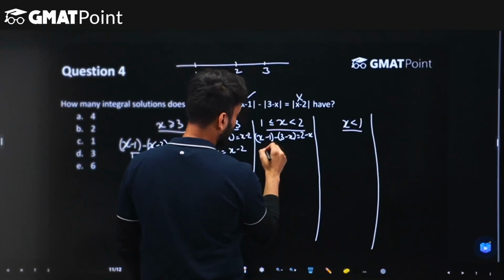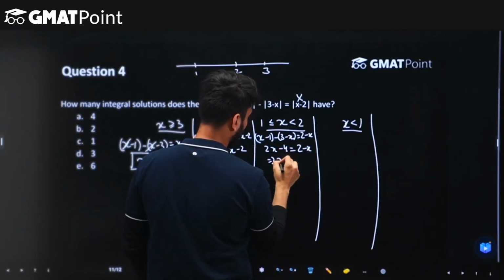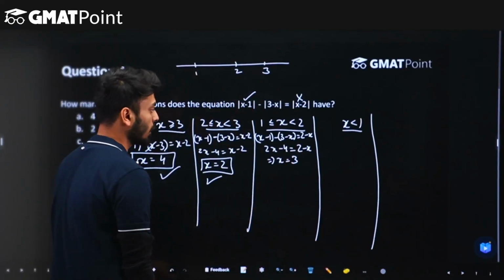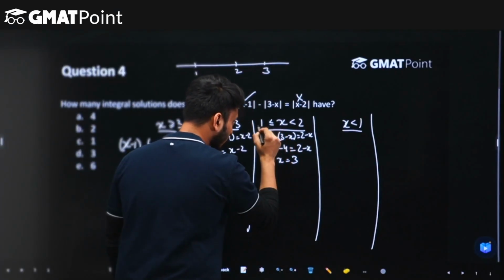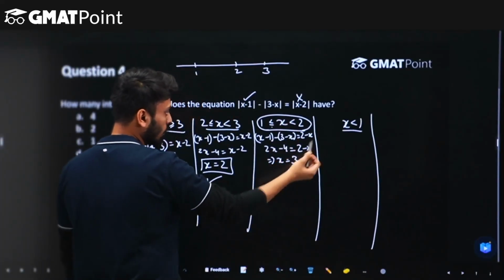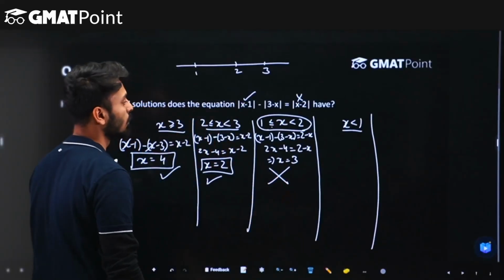This gives me 2x minus 4 is equal to 2 minus x, which means x is equal to 3. But if you think about it, x is equal to 3 is outside of our assumed region, right? I get a solution which is outside of my assumption. This means this is not going to be a valid solution.